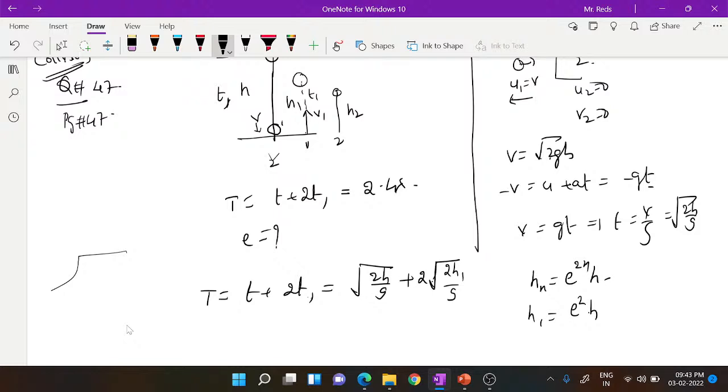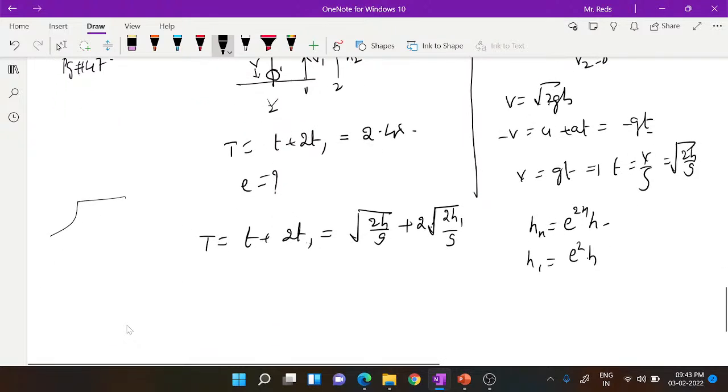Now if you substitute this here, you get square root of 2h by g plus 2 into square root of 2 into e square h divided by g. Here e square, if you take it out, becomes e. Got it? So this further can be expressed as square root of 2h by g plus 2e into square root of 2h by g.